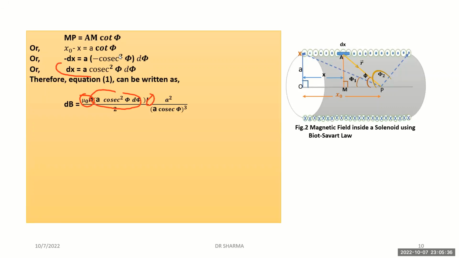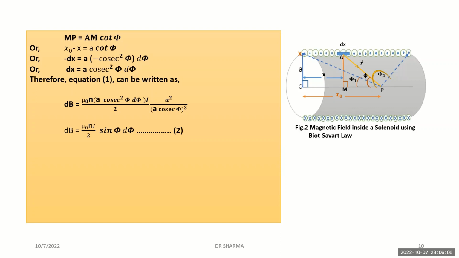We substitute this value a cosec square phi d phi, and in place of r substitute a cos phi, and simplify to get dB is equal to mu naught n I by 2 sin phi d phi.